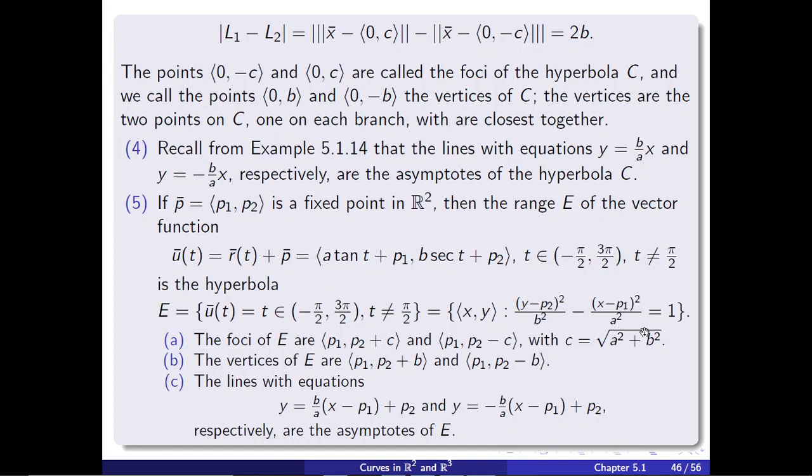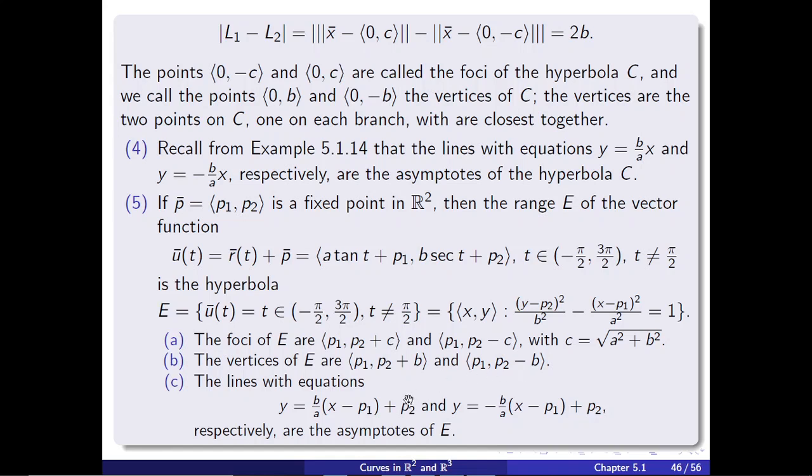So we get that kind of an equation. The foci change from (0, c) and (0, minus c) to (p1, p2 plus c) and (p1, p2 minus c). Those become the foci of E. And the vertices move from (0, b) and (0, minus b) to (p1, p2 plus b) and (p1, p2 minus b).